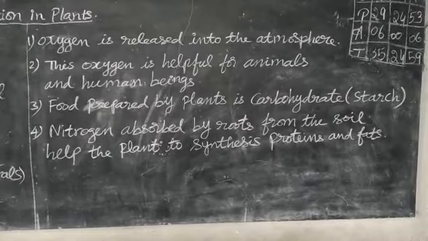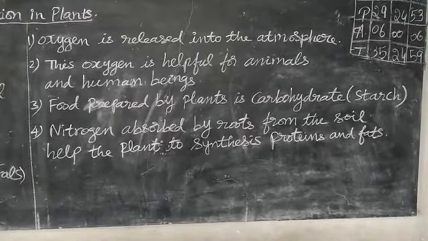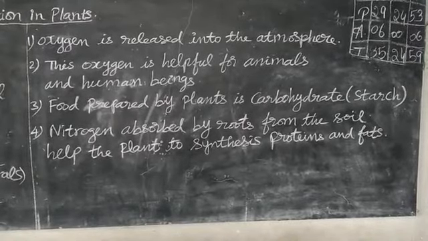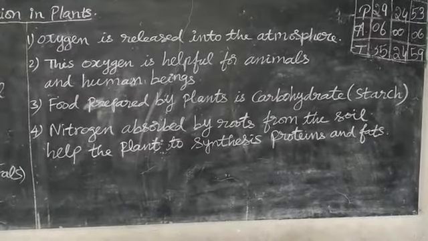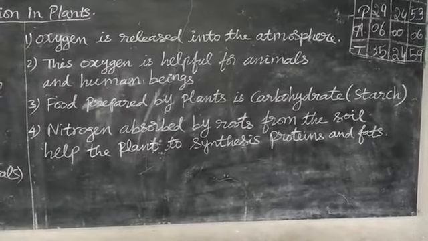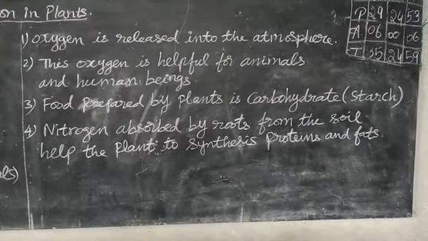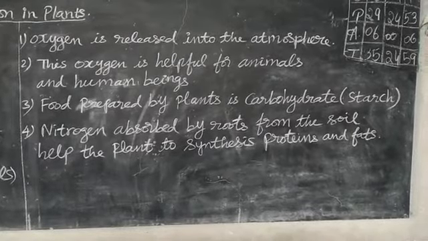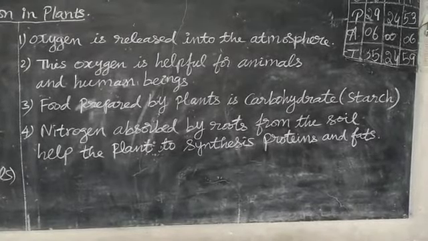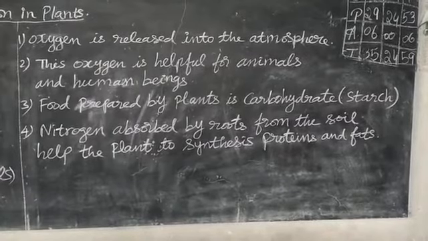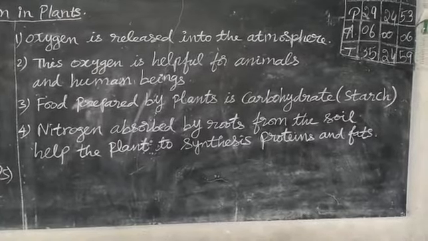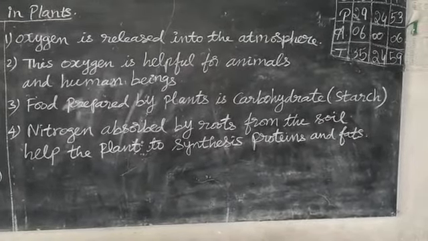In the soil, there are useful bacteria. Those bacteria convert this insoluble nitrogen into soluble form for plants to absorb. And with the help of this nitrogen, plants synthesize proteins and fats.